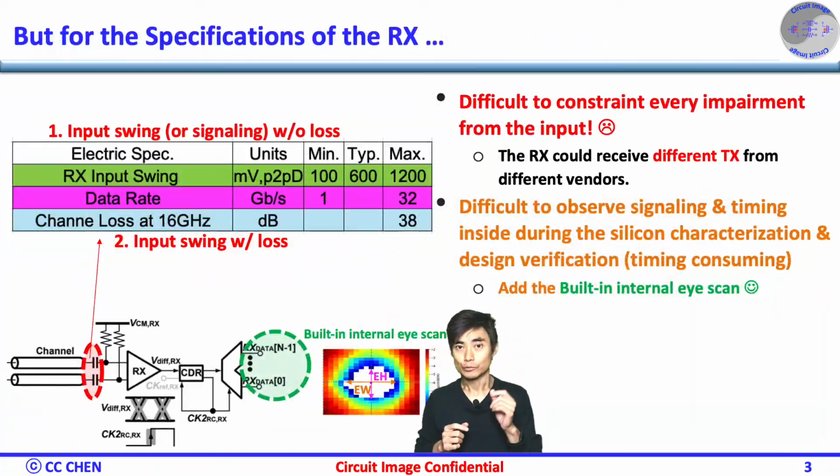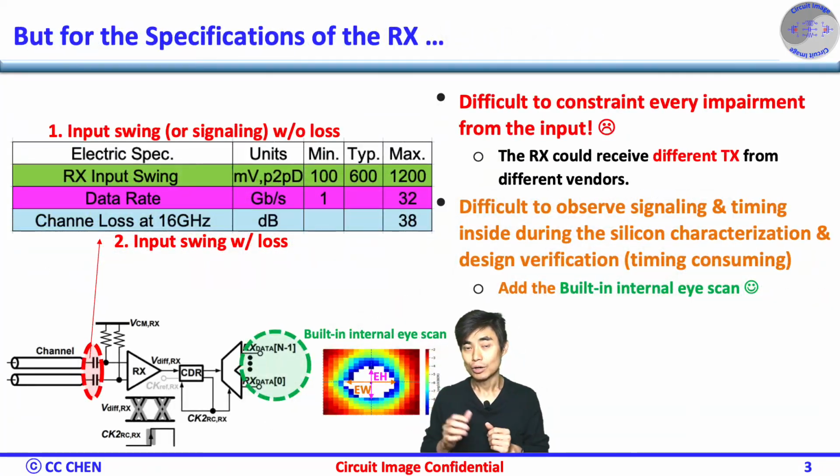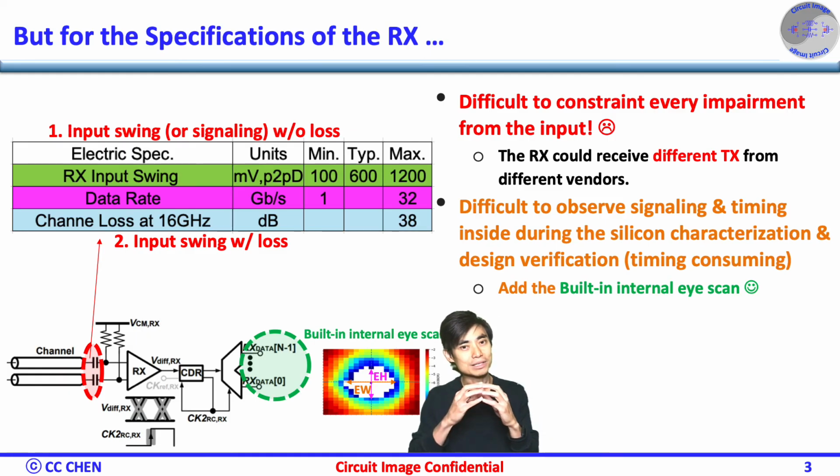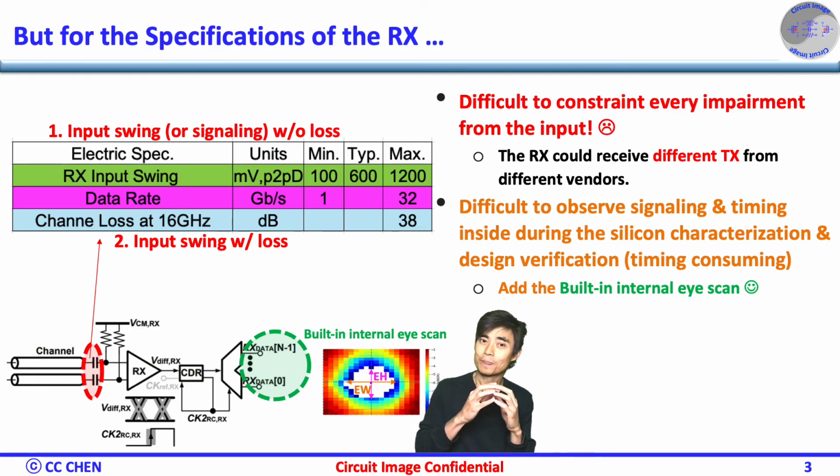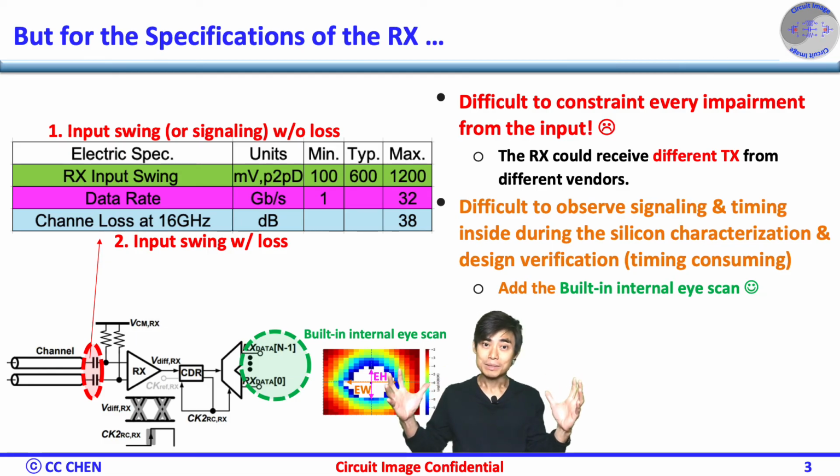Unfortunately, if we look at the specification of the RX, we only define the input swing along with the channel loss in dB at the Nyquist rate of the target data rate. The design challenges of meeting the specification are not only from the intrinsic impairments of the circuit itself, but also outside impairments.